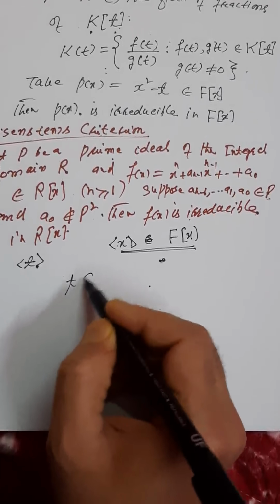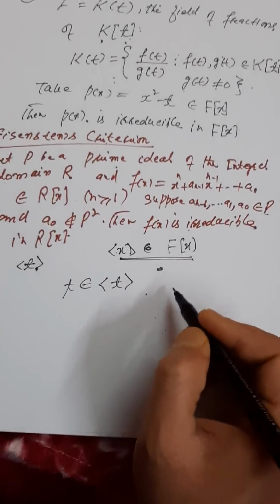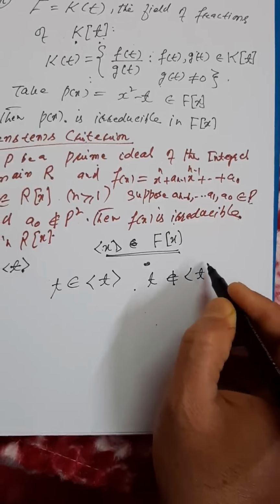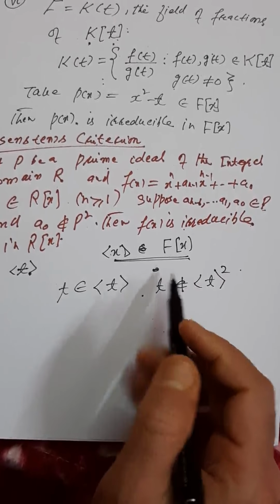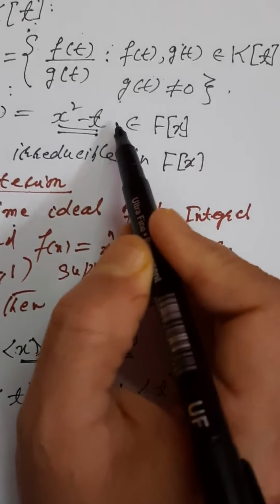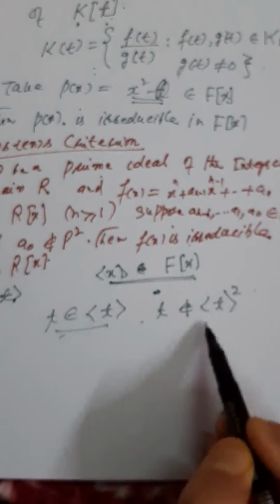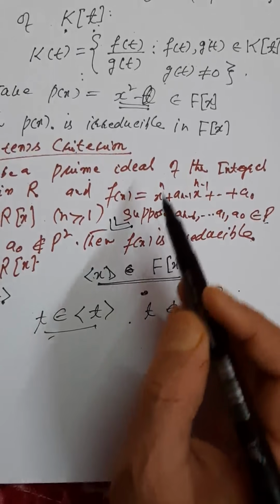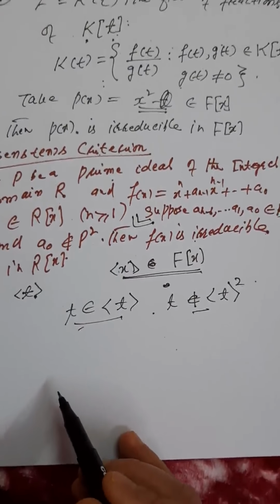So t belongs to the ideal generated by t, but obviously t does not belong to the ideal generated by t whole square. So for this polynomial x square minus t, the constant term a0 here is t, so t satisfies this property of Eisenstein's criterion. Therefore by Eisenstein's criterion this polynomial is irreducible.